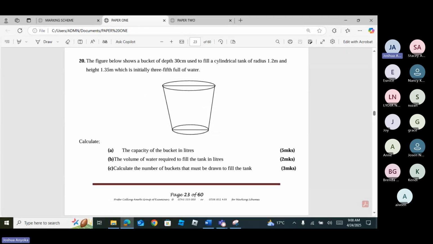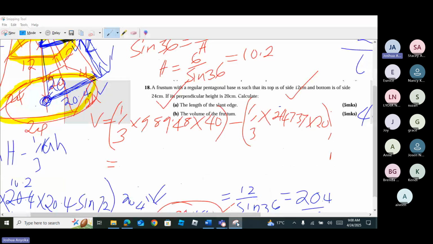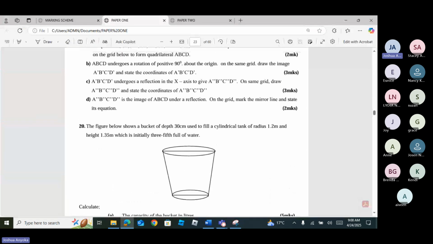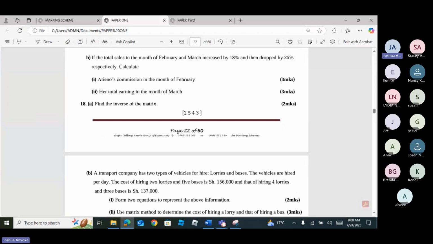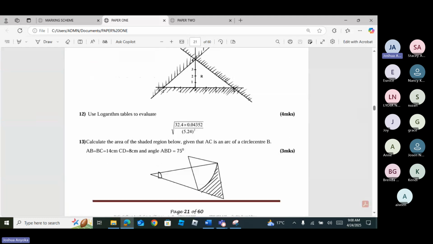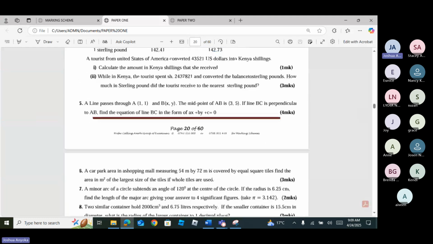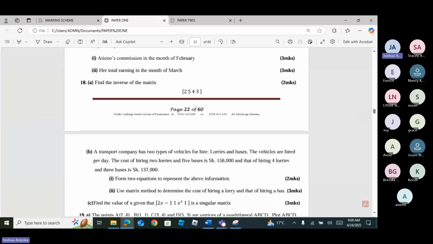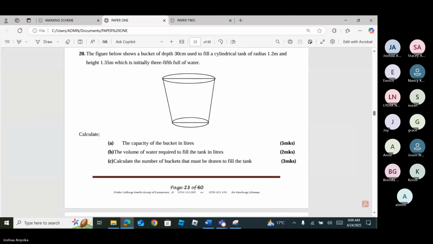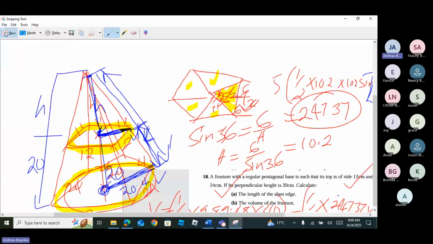I want you to work out this question. Oh, this is 20. Trial 4, paper 1, question 20. I'll give you 5 minutes to try this.